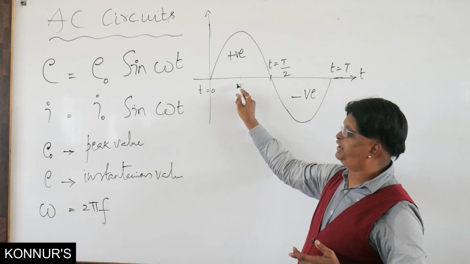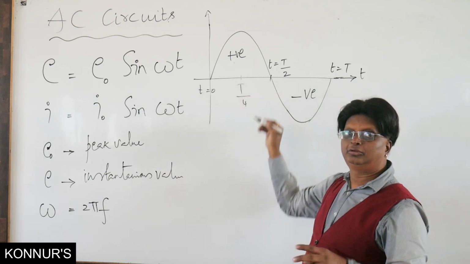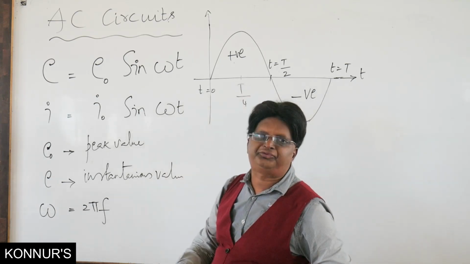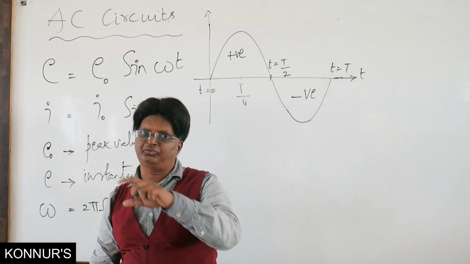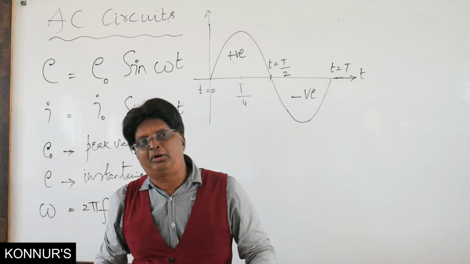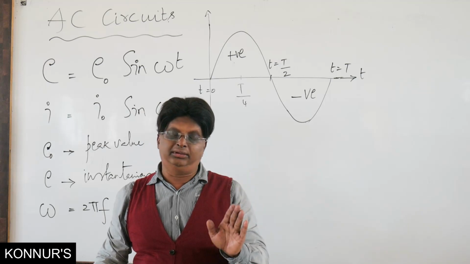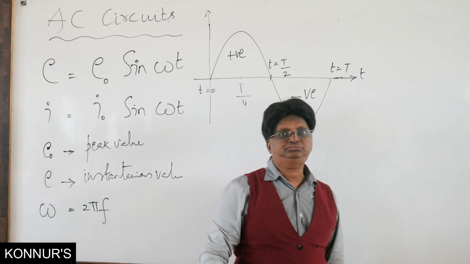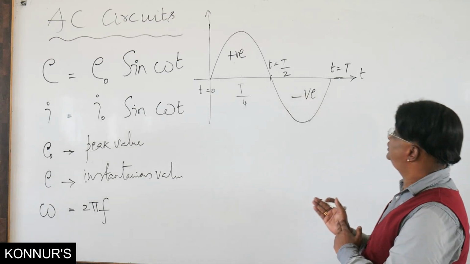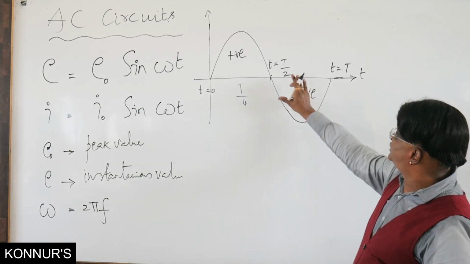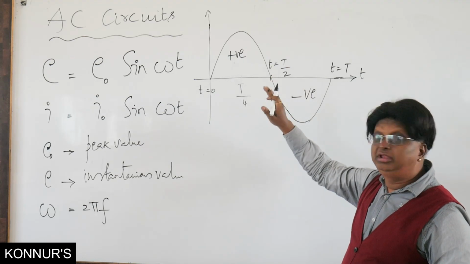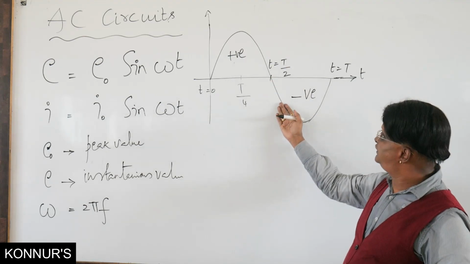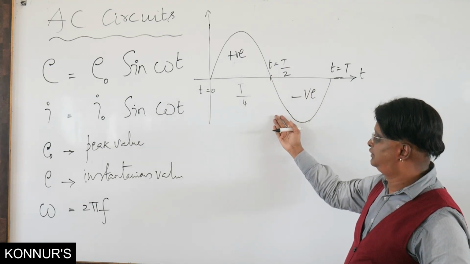So for every time interval of T by 4, 0 to T by 4 or T by 4 to 0, in all such cases the variation is from maximum to 0 or 0 to maximum. So those changes are taking place: reversal of directions, maximum and minimum changes. You will find many such things from this graph.